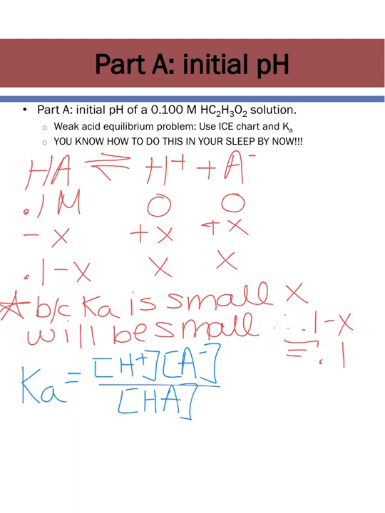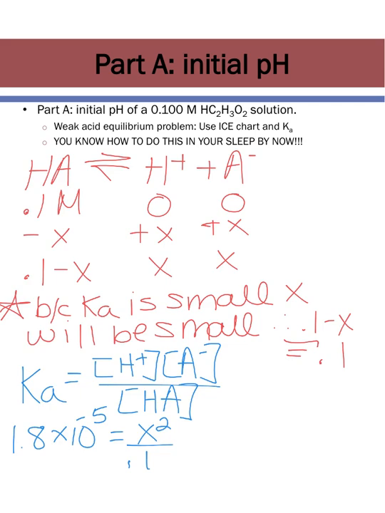All right, and we know our Ka value. They would have to give that to you. Acetic acid is 1.8 times 10 to the negative fifth, so that would have to be given in the problem or solved for previously in the problem. That's going to be equal to x squared over 0.1. So then we grab our calculators and do our math.